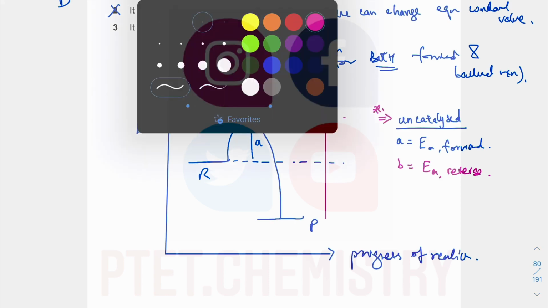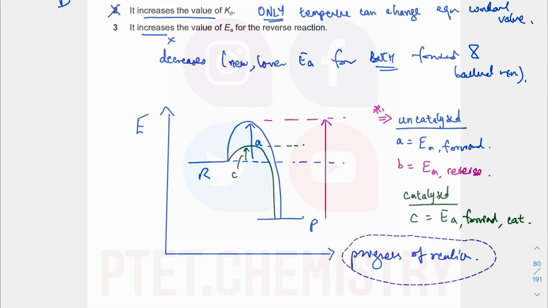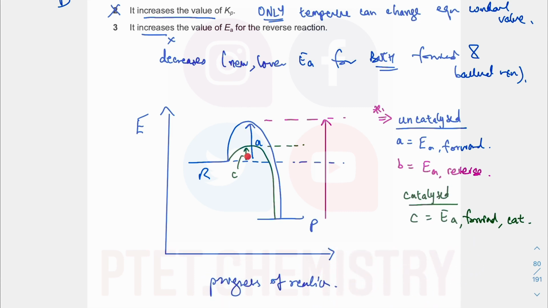Now if I have a catalyzed reaction, so I will have the green one, which is C, and then I will have the catalyzed reaction. So the green one is catalyzed. C would be my activation energy of forward, but it's catalyzed. It's lower, you can see it's lower than uncatalyzed.